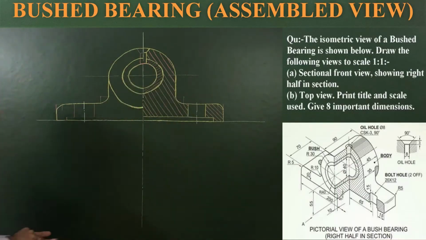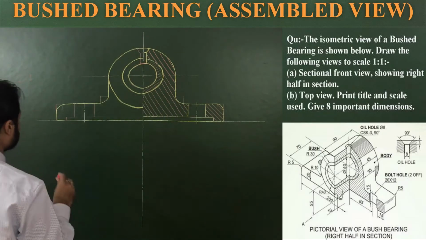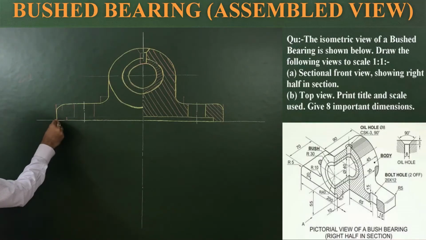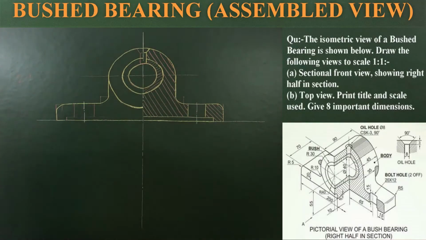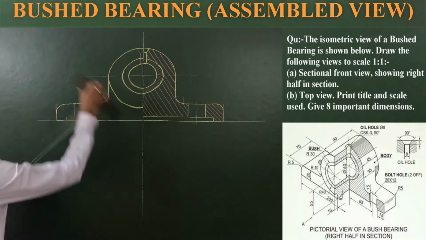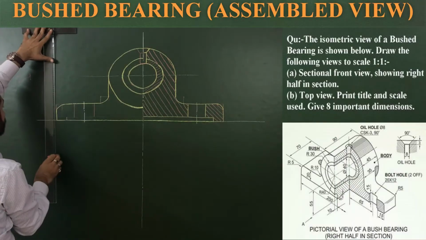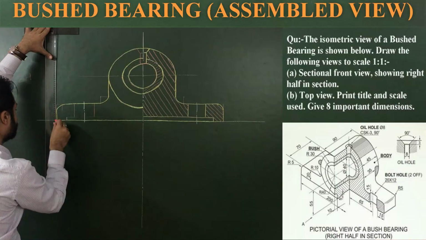And now for its top view, what to do? First of all, for the top view, please project each and every line or limit or corner of the front view below the XY line. So for the top view, draw lines from the corners of the front view like this.